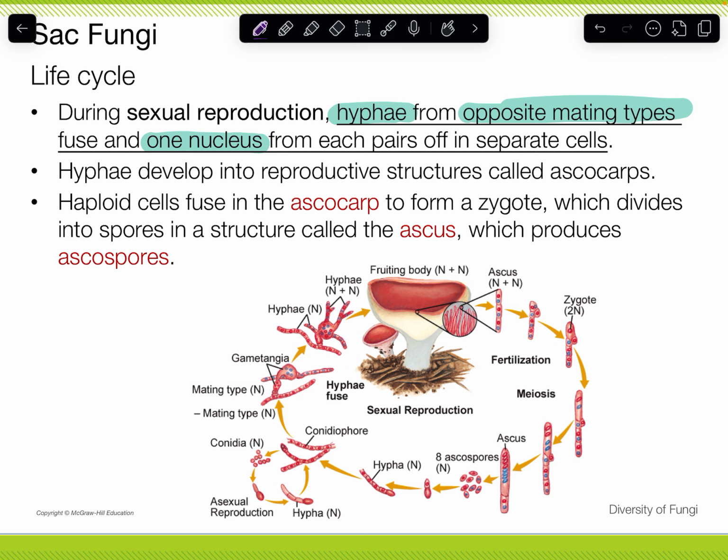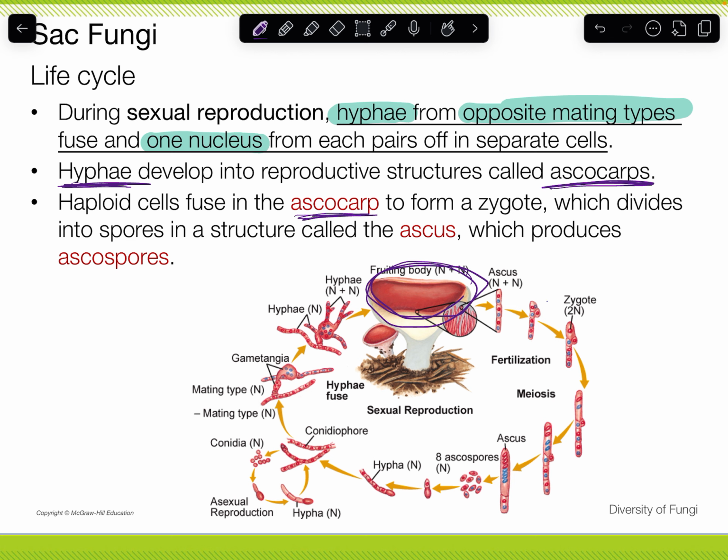We have specialized hyphae that develop in reproductive structures called ascocarps. That's going to be this part up here in the fruiting body. So hyphae develop in there, and these haploid cells are going to fuse while in that ascocarp.